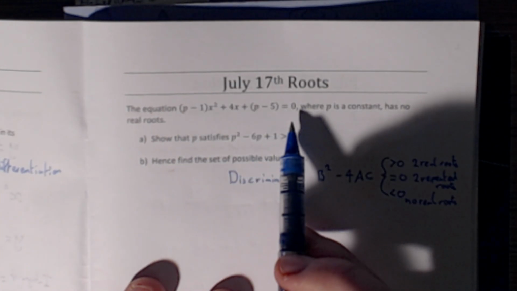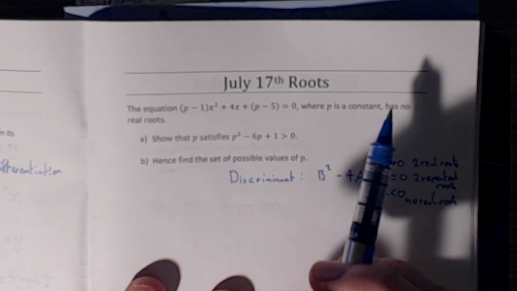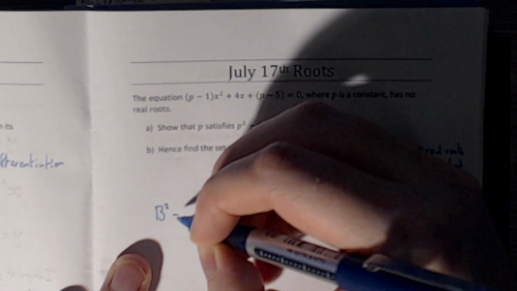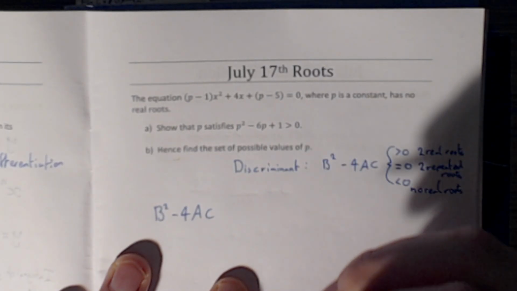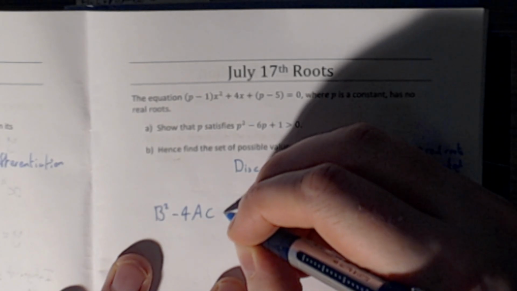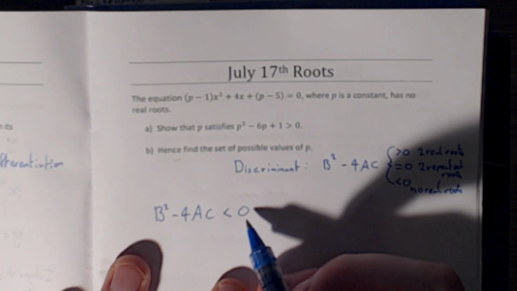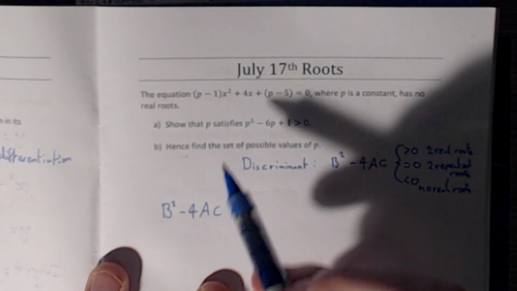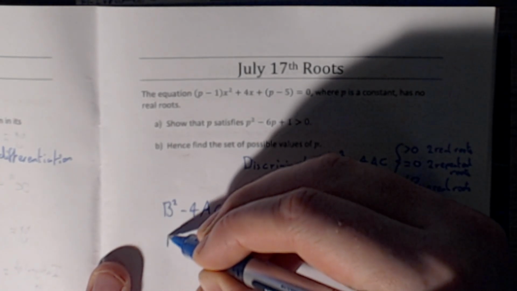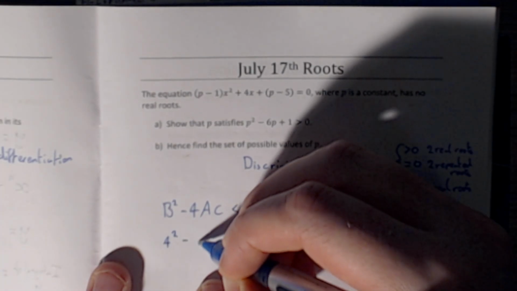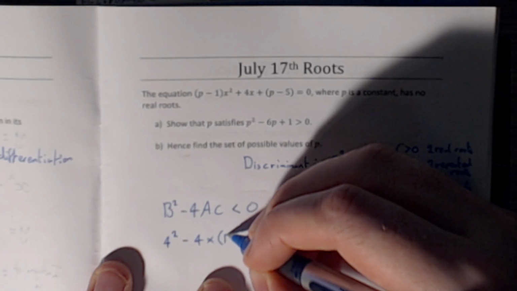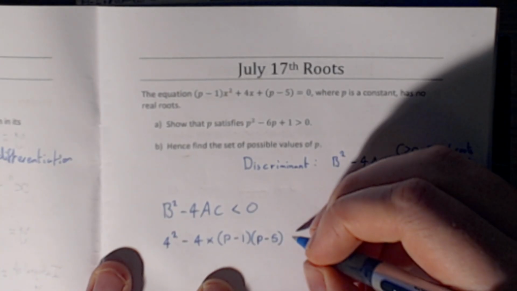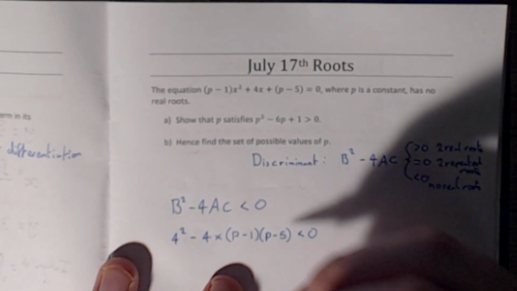So let's look at this. We have this quadratic equation, and we're told that it has no real roots. Well, that's our third condition. So b squared take 4ac must be less than 0. Now all that's left to do is substitute in our values. So b is 4, so 4 squared, take 4 times (p minus 1)(p minus 5), and we know that is less than 0.